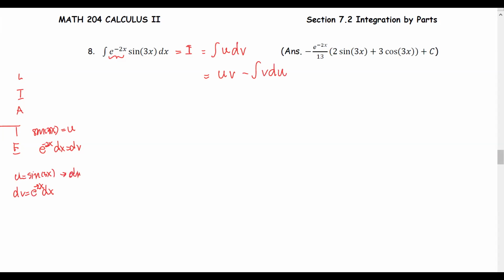The du is 3 times cosine of 3x dx using the chain rule. And v is the antiderivative of e to the negative 2x, which is e to the negative 2x divided by negative 2, or negative 1/2.